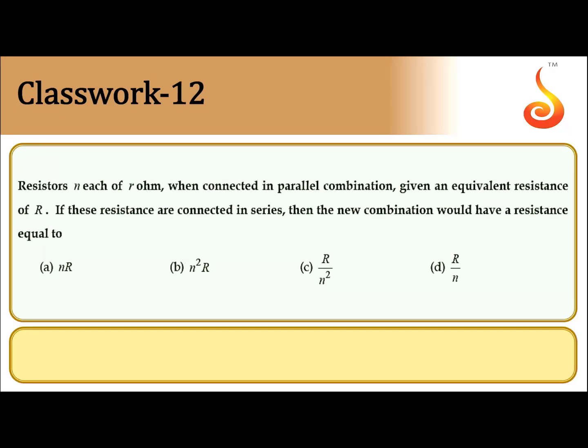Next one. N resistors each of R ohm when connected in parallel combination give an equivalent resistance of R. If these resistances are connected in series, then the new combination would have a resistance equal to. Okay. So first they are connected in parallel, they give an equivalent resistance of R. Same are connected in series later.